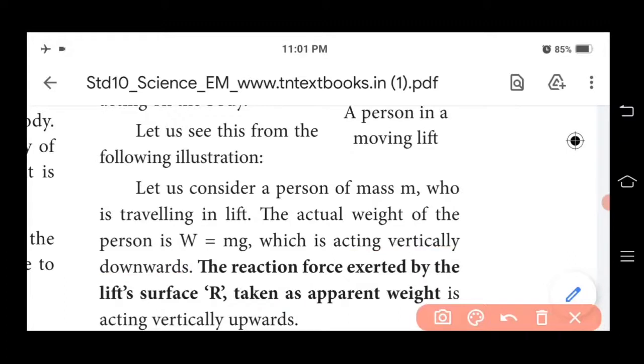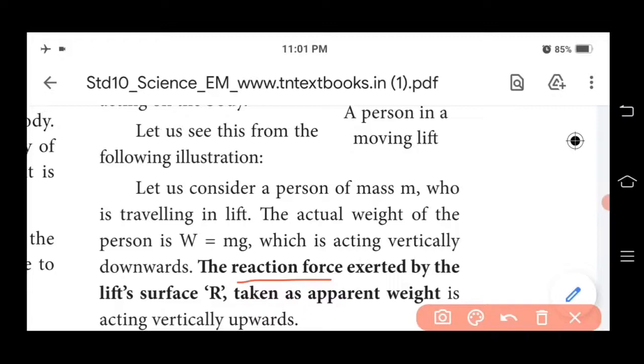The reaction force exerted by the lift surface, R, is taken as apparent weight. According to Newton's third law, we know that for every action there is an equal and opposite reaction.